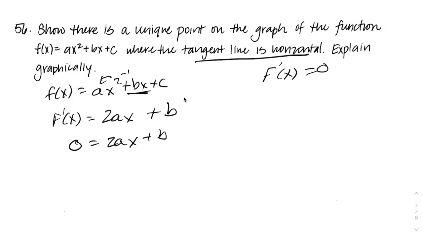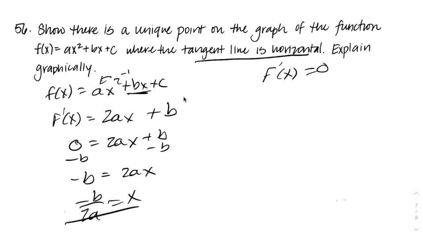Solve for x. So subtract b: negative b equals 2ax, divide by 2a. So we get that for our x point. And so, there's a unique point on the graph. Well, if that's my x, how do I get my y? You plug it in. So this is going to be the point negative b over 2a, comma, f of negative b over 2a.